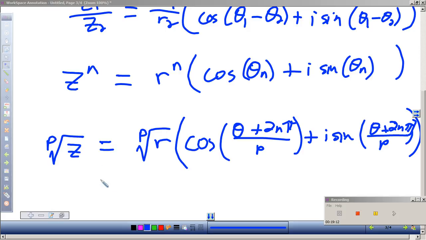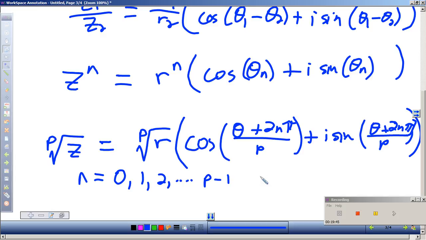So we're going to have to put a rule for what we do with n. n equals 0, 1, 2, all the way up until we get to p minus 1. Because remember, if we're looking at a square root of something, until we get to p minus 1, whatever p is. So, for example, if p was 5, we plug in 0, 1, 2, 3, 4. 5 minus 1 is 4.